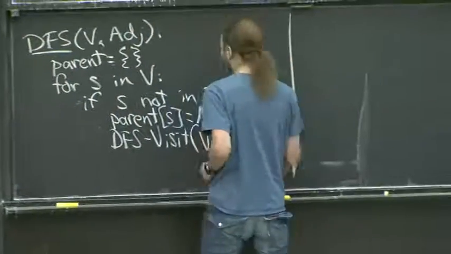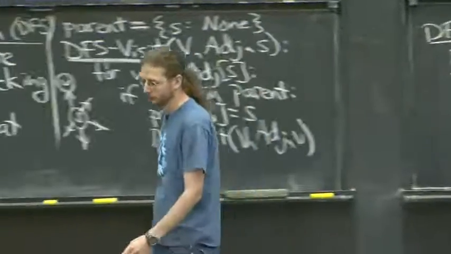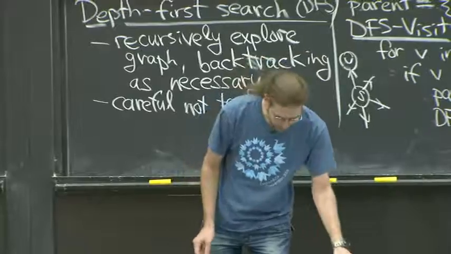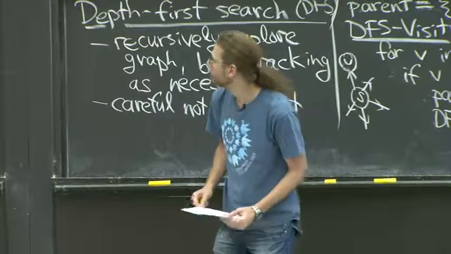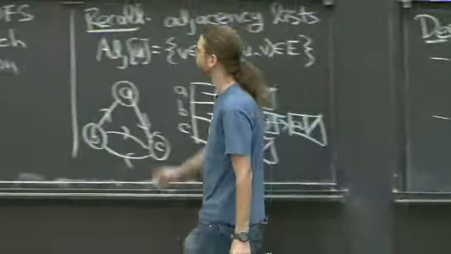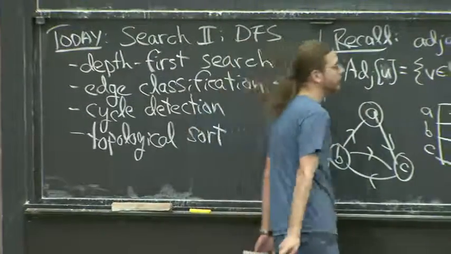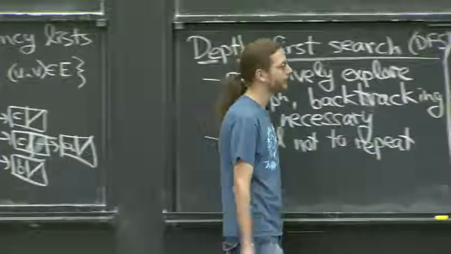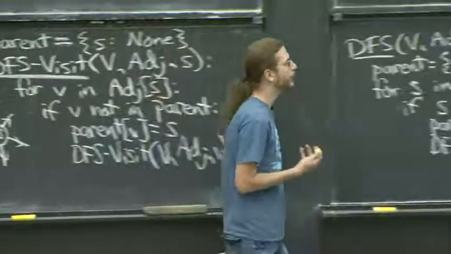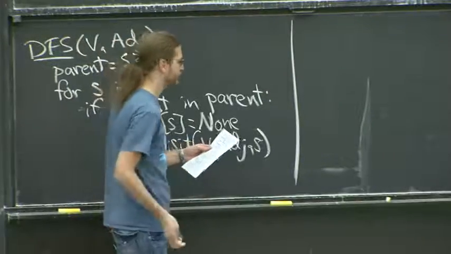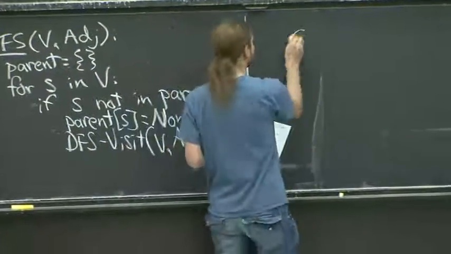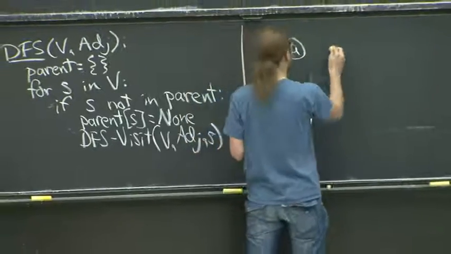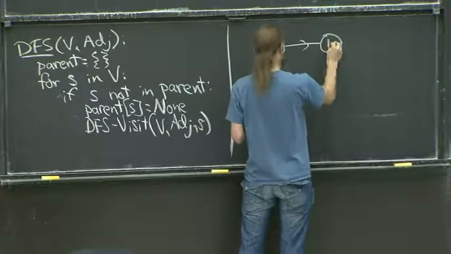Let's do a little example. So this is super clear. And then it will also let me do something called edge classification. Once we see it, every edge in the graph gets visited by DFS in one way or another, and it's really helpful to think about the different ways they can be visited. So here's a graph.